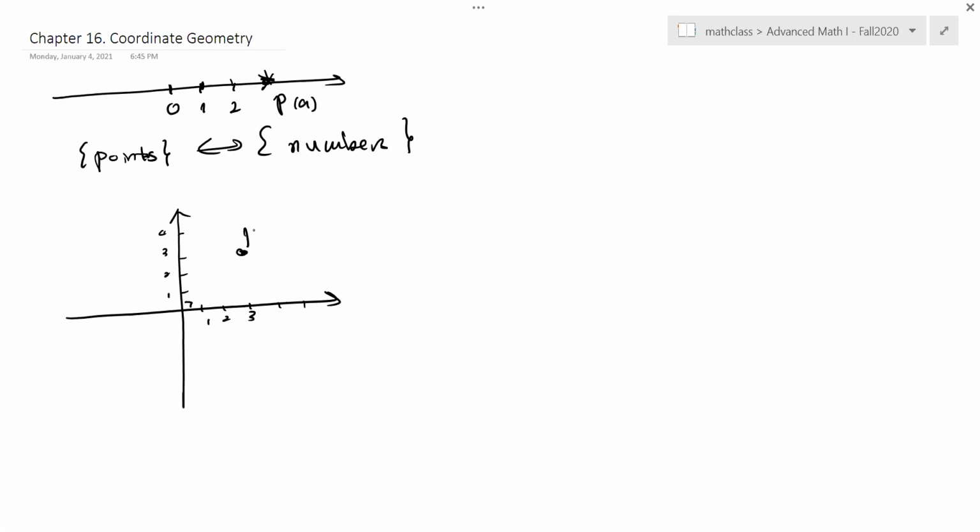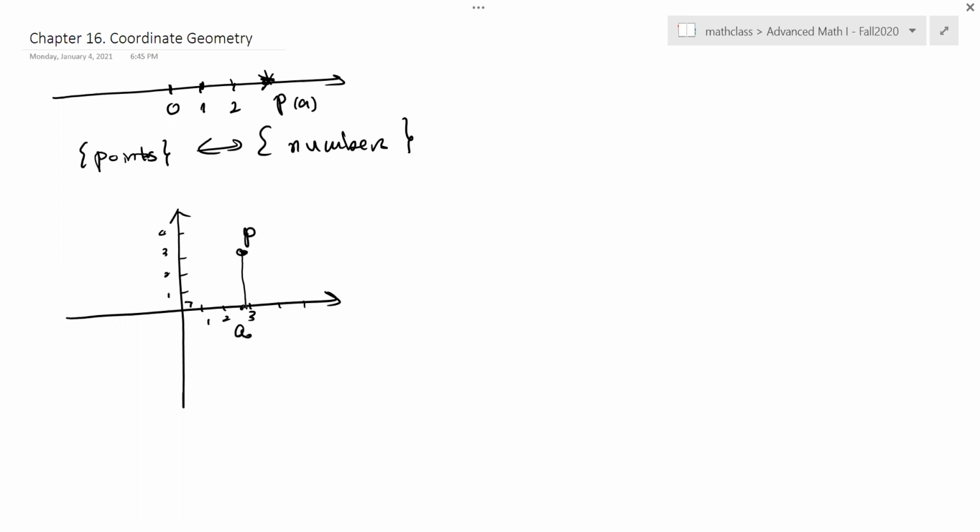Now this is a point P in the plane. Once you choose the two coordinate lines perpendicular to each other, then you can use two numbers to describe this point. So draw the vertical line perpendicular to the horizontal line, right?